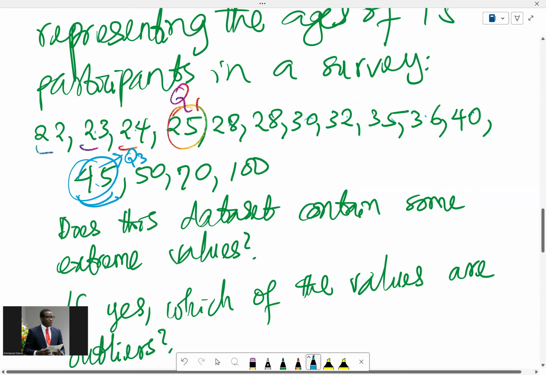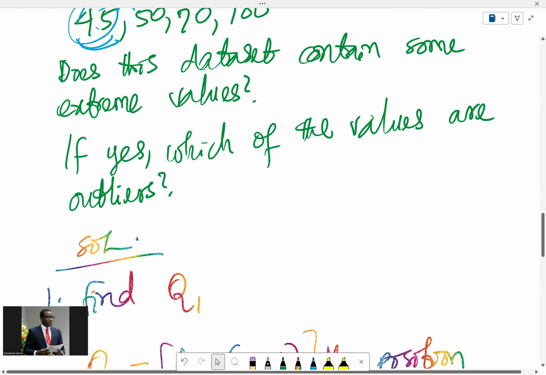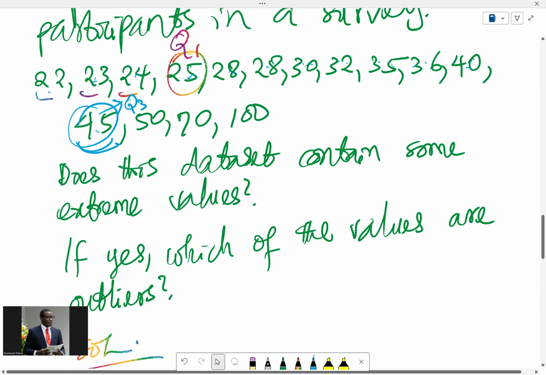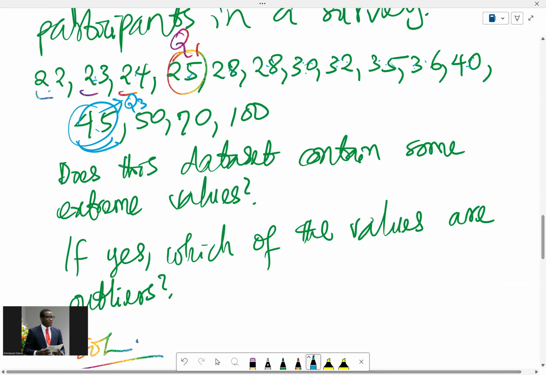Let me double check that the third quartile is at the 12th position. Counting 1, 2, 3, 4, 5, 6, 7, 8, 9, 10, 11, 12, 13, 14, 15.